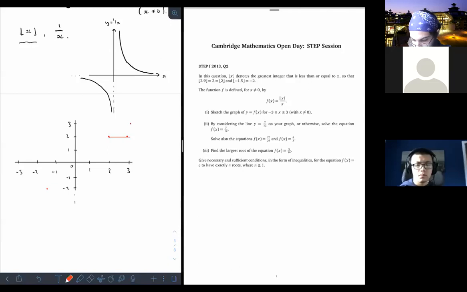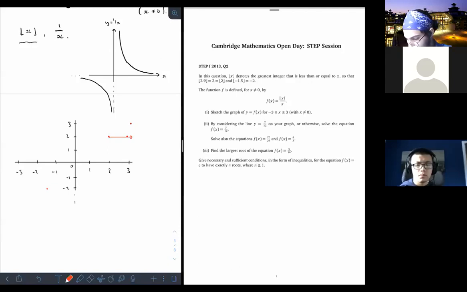And this is a good bit of notation if you haven't seen it before: at 3, we jump up to 3, and we can do a filled in circle to demonstrate the function takes that value at 3. And we can also do a hollow circle on 3 at that line to demonstrate that it doesn't take the value 2 there. So we do have a jump.